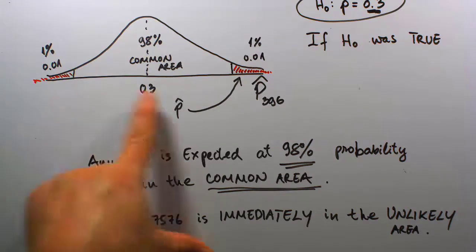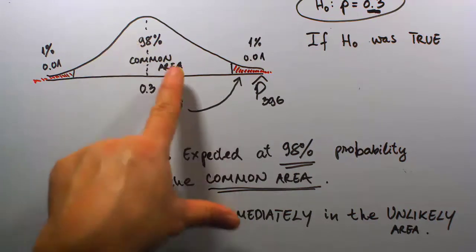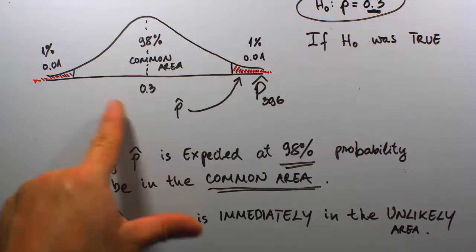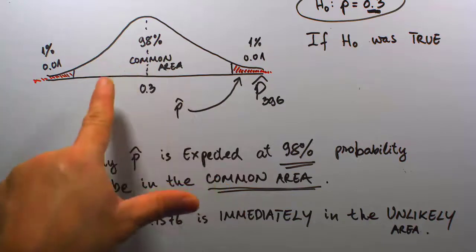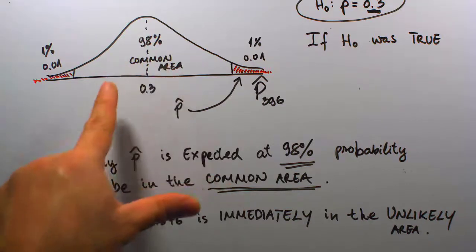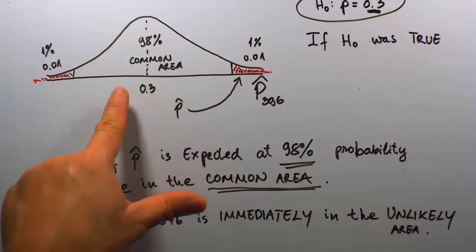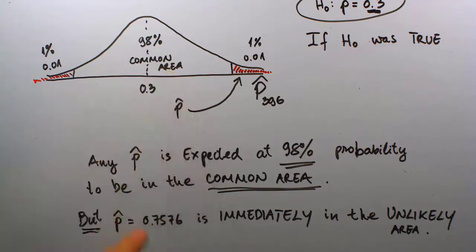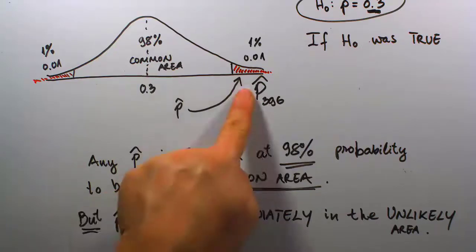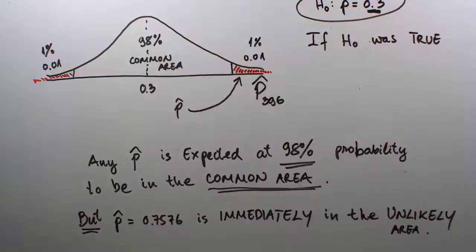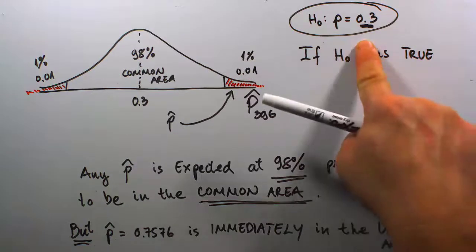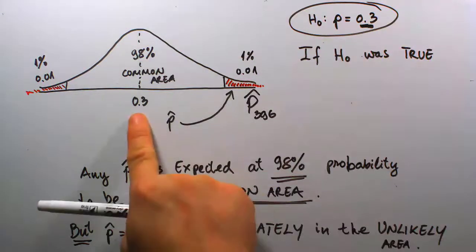Yes, we already gave you a chance to defend yourself up to 98% chance, meaning we already consider 98% of the times when we pick a sample, we should expect a sample value being in this area, but the only one sample we picked falls immediately in the unlikely area. That means the claim you made right here is a little too low.